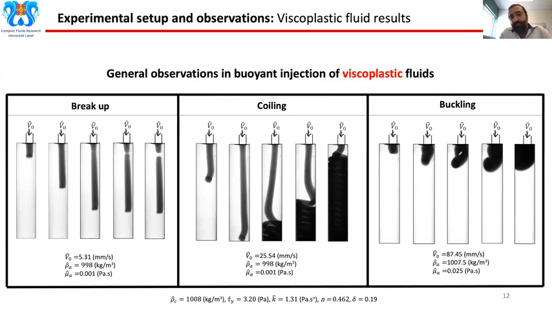In the buckling regime, it buckles due to compression. And if neither breakup nor buckling occurs, we will have a regime in which the viscoplastic fluid reaches the pipe end and starts coiling in this manner, as you can observe.